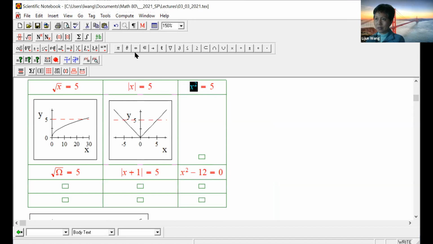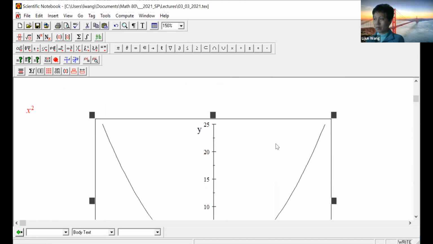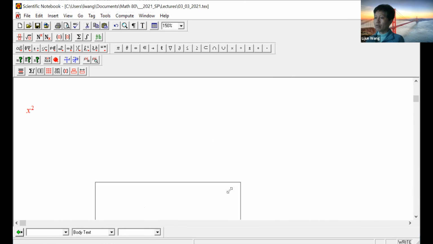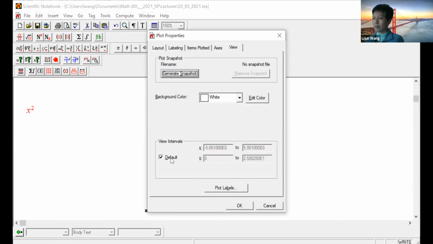Last but not least, for x squared. We all know the curve for x squared, don't we? Everybody does. So we want to understand the meaning thoroughly, absolutely thoroughly. Okay, so I'm going to just make some adjustments so you can see the picture.